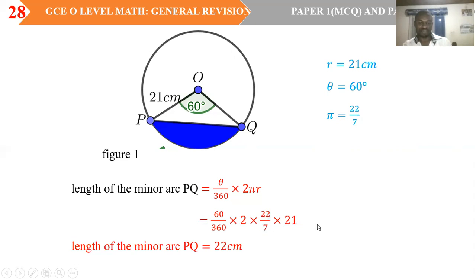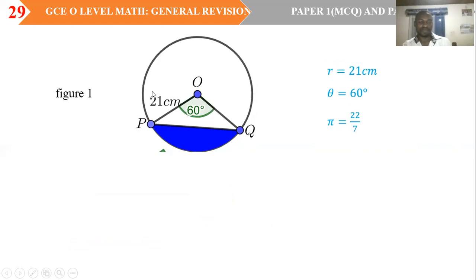We multiply and we simplify. If we simplify this expression, it gives us 22 centimeters. Therefore, the length of the minor arc is 22 centimeters.